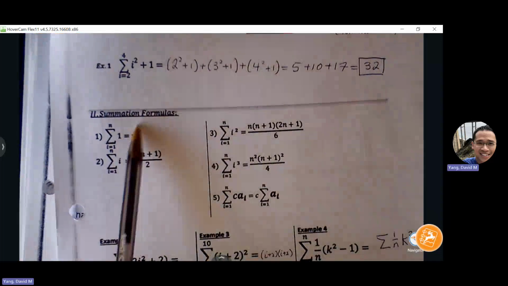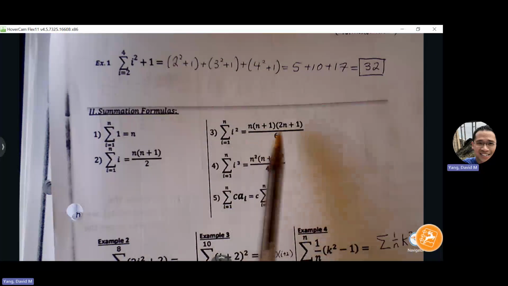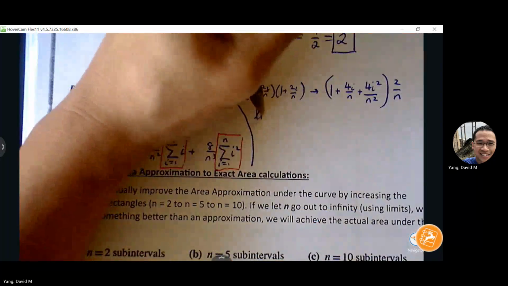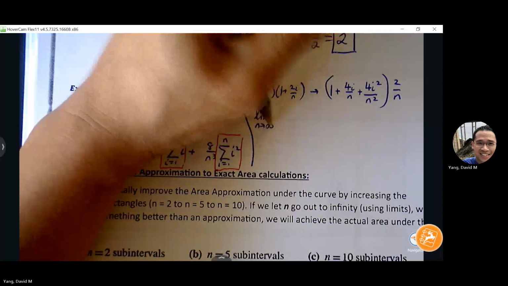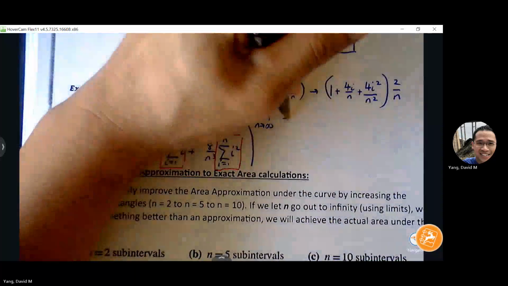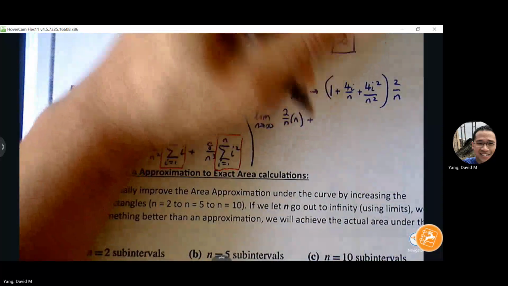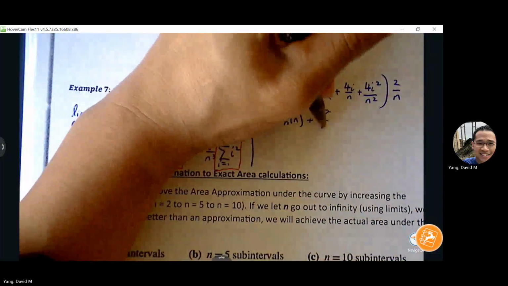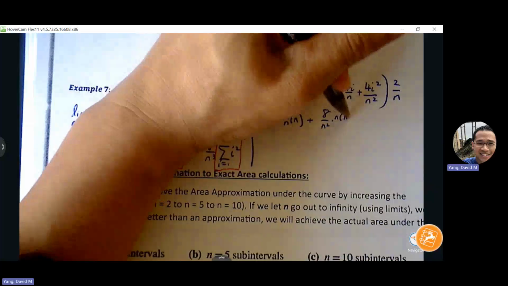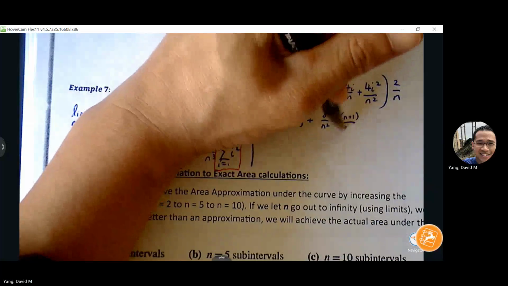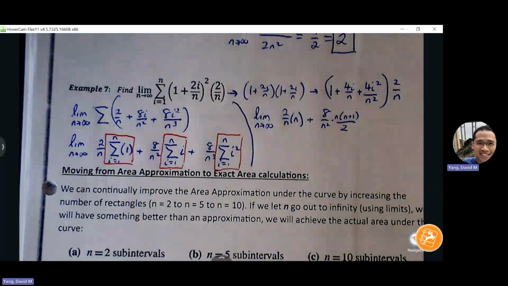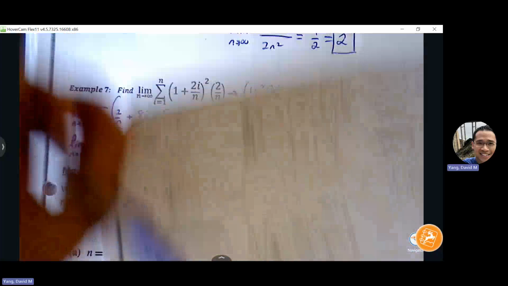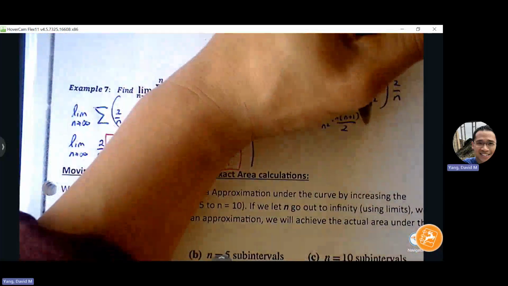Summation 1 is n, summation i is this rule, summation i squared is this rule. Summation i is just n times (n+1) over 2. So, right, and then summation i squared.